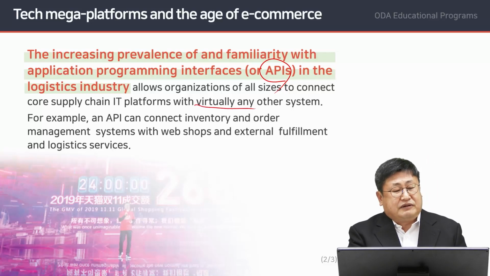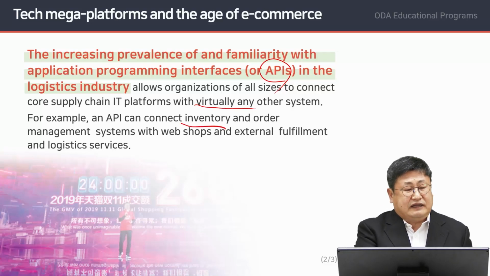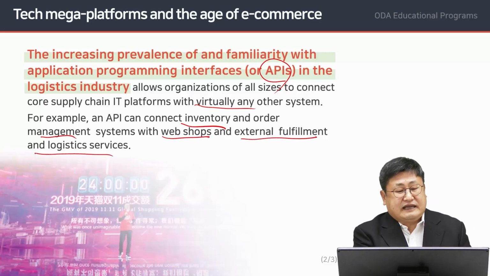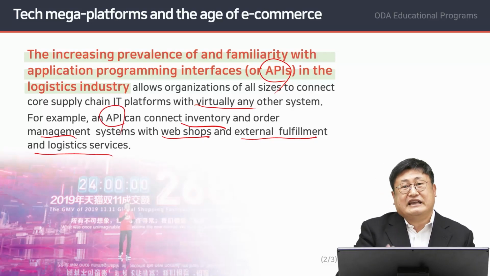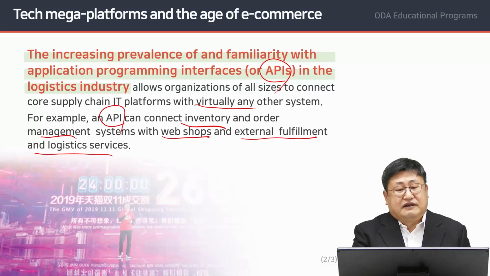For example, an API can connect inventory and order management systems with web shops and external fulfillment and logistics services. This is one of the key drivers enhancing e-commerce on a worldwide basis.